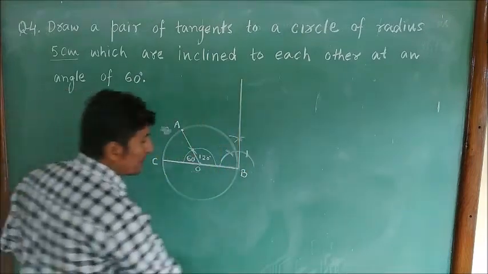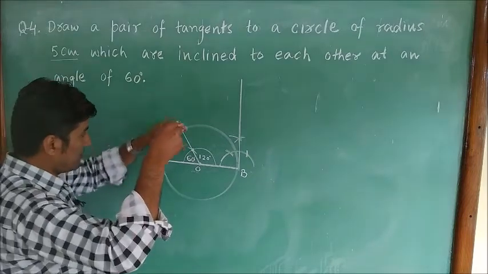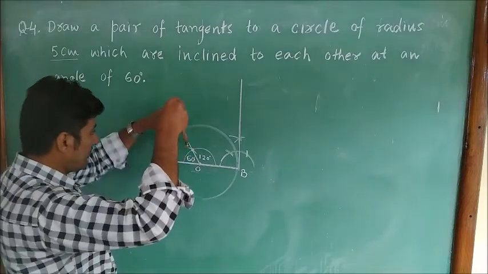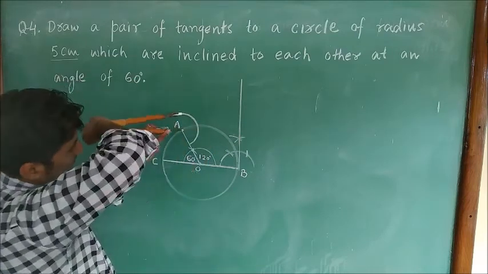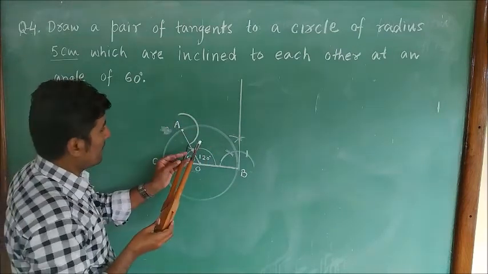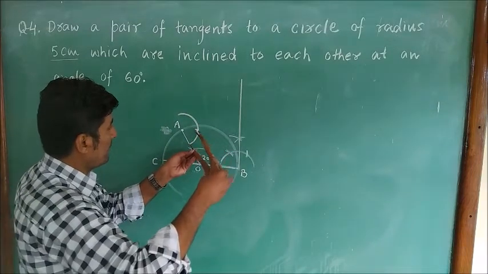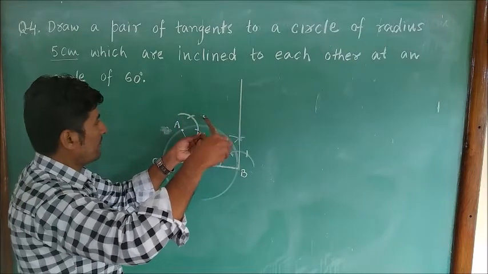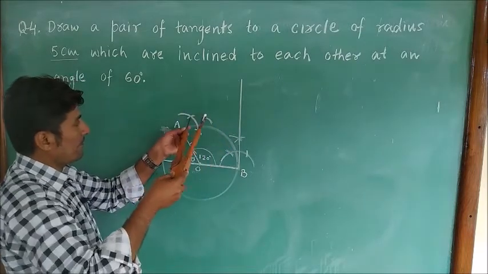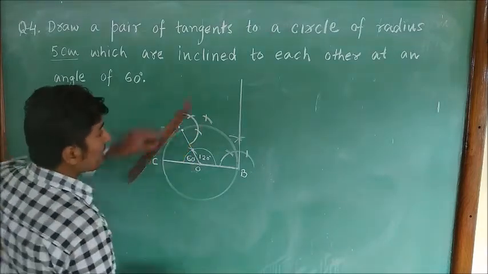Similarly, we have to construct the angle of 90 degrees at point A also. Here also we have to draw the straight line.